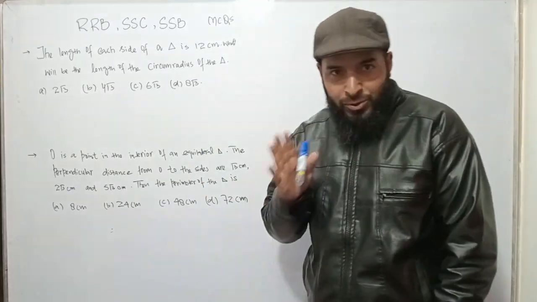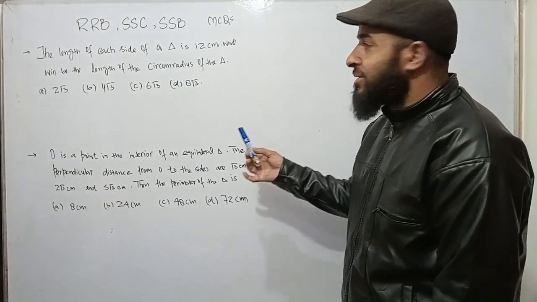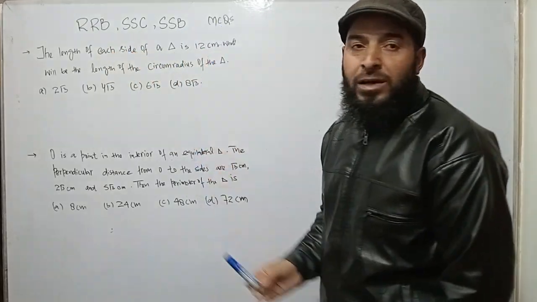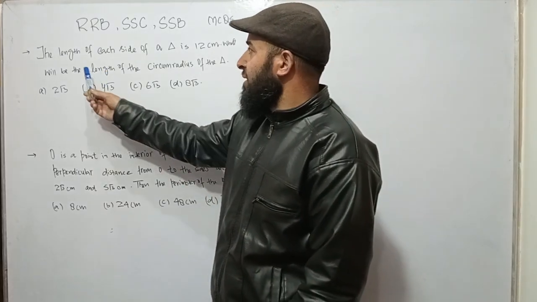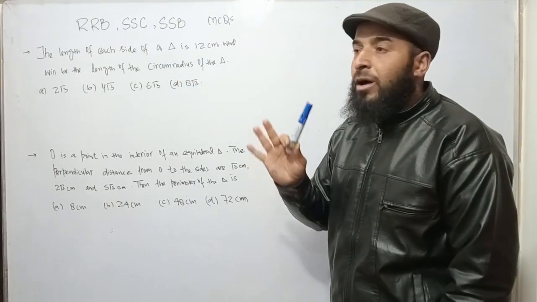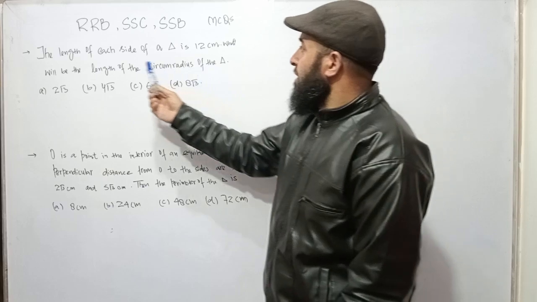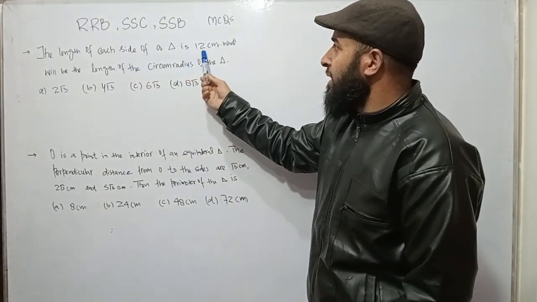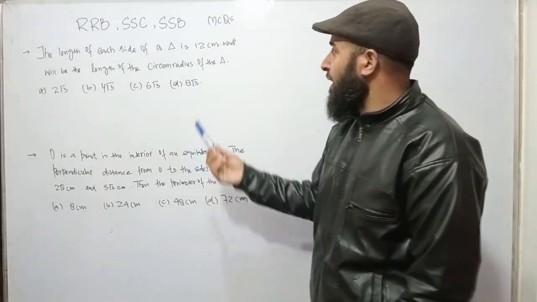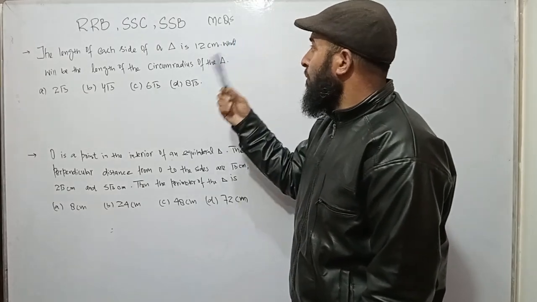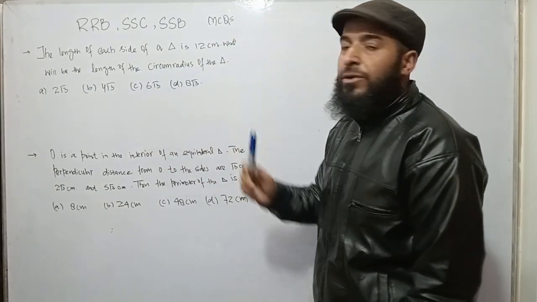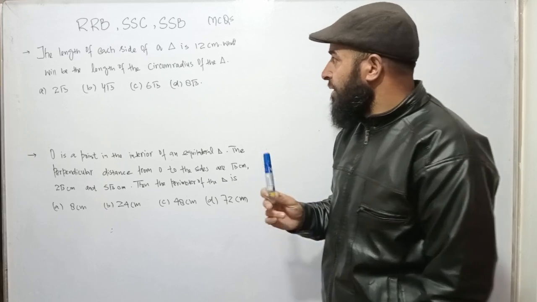आज का जो क्वेश्चन है वो बहुत ही मज़ेदार है, जिनमें पहला क्वेश्चन इस आरआरबी, एसएससी, एसएसबी, एमसीक्यू सीरीज़ का है, that is, the length of each side of a triangle is 12 centimeter. हमारे पास एक ट्रायंगल है जिसमें हर एक साइड की लेंथ 12 सेंटीमीटर है। This means that it is an equilateral triangle. Now what we have to find, what will be the length of the circumradius of the triangle?